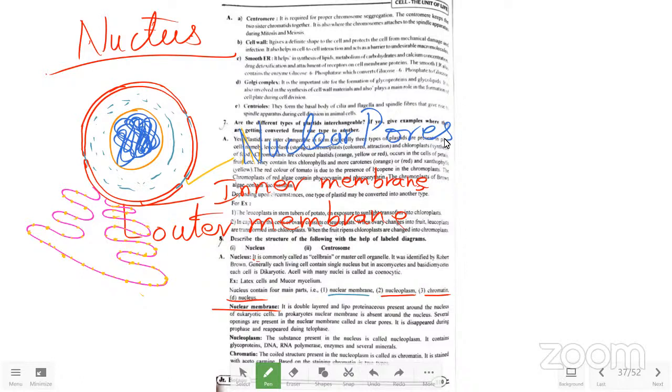When the need is there, it can easily transfer the genetic material through these nuclear pores into the cytoplasm. That is the main purpose of the nuclear pores. They are present in the nuclear membrane. And this is the rough endoplasmic reticulum.